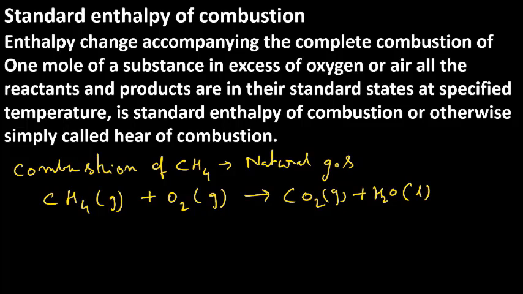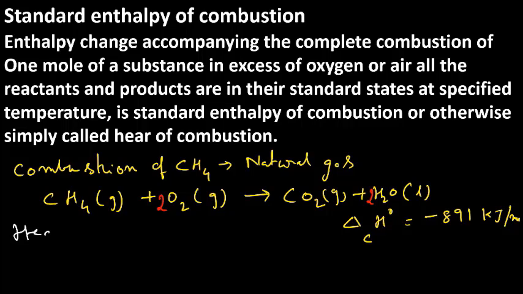So here this is 2 moles and of course 2 moles here. Now the heat of combustion is denoted by delta H naught C. So this is the symbol for heat of combustion. Heat of combustion of methane is minus 891 kilojoule per mole.